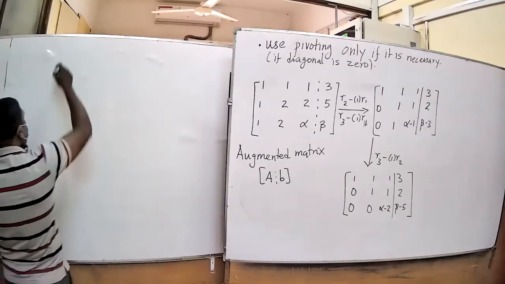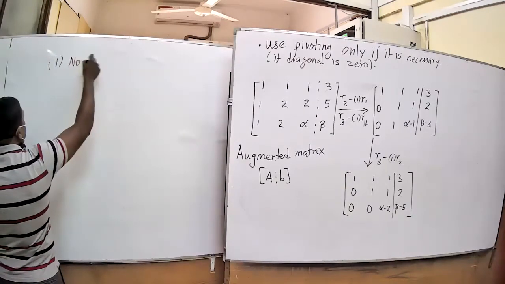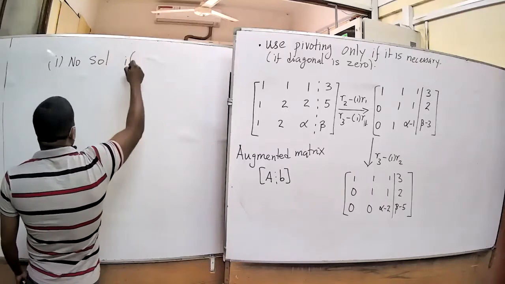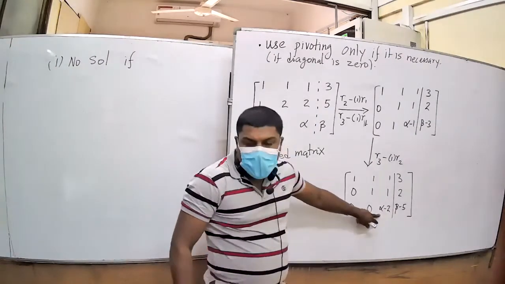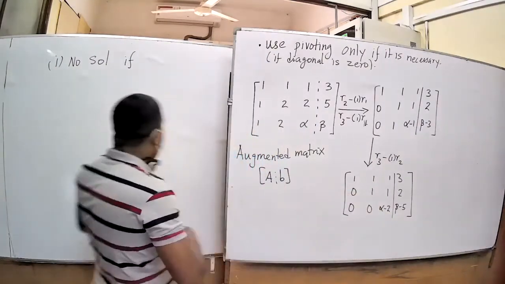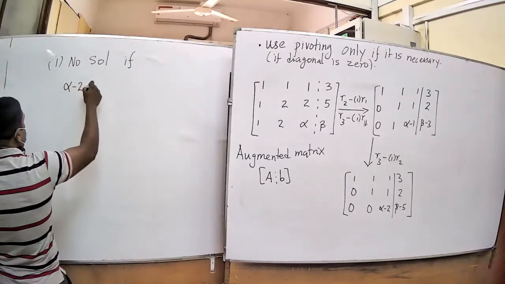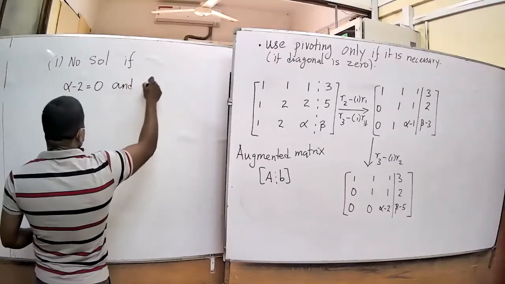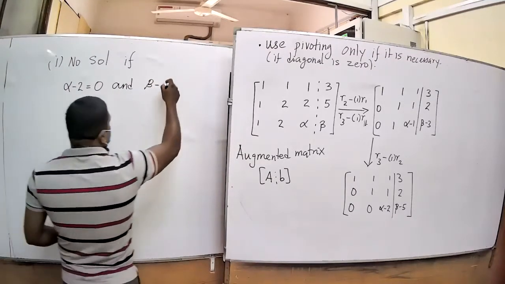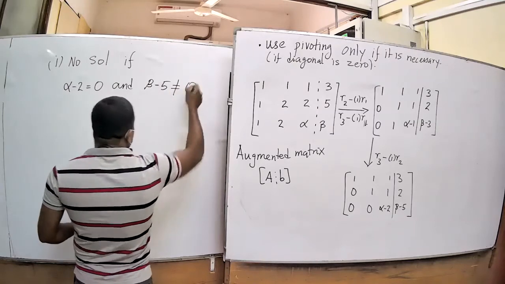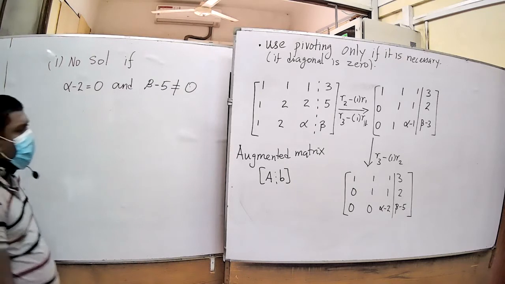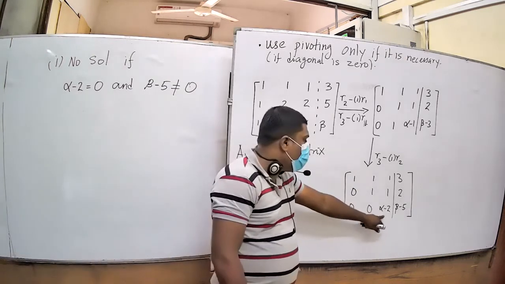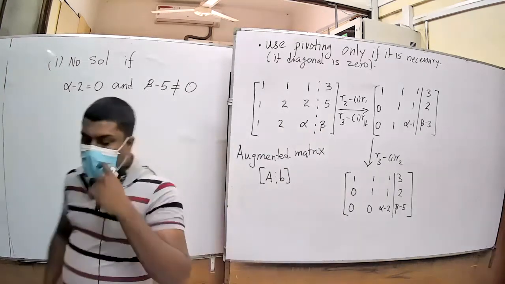Okay. So first case, no solution. You know there is no solution if you have 0 here and non-zero there. So if alpha minus 2 is 0 and beta minus 5 is non-zero, then you clearly have 0 here and non-zero here, so obviously no solution.